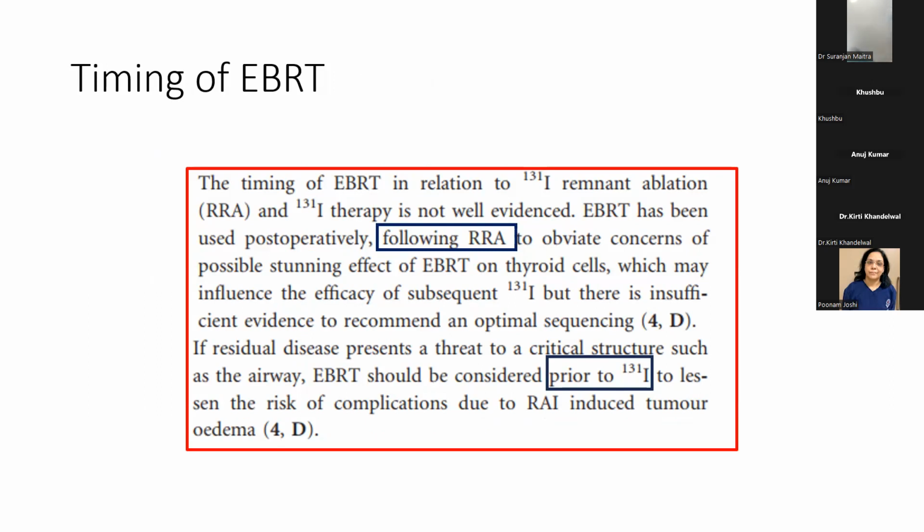Sometimes we have confusion whether we have to give radioactive iodine before EBRT or after EBRT. This particular sentence mentioned in the British Thyroid Association guidelines gives a little more clarity. Ideally, the timing is not well evidenced, and EBRT has been used postoperatively following radioactive iodine to obviate the concerns of a stunning effect of EBRT on thyroid cells.